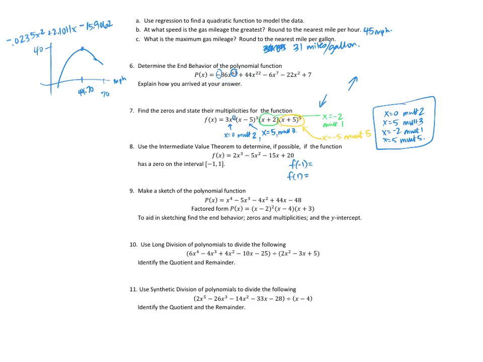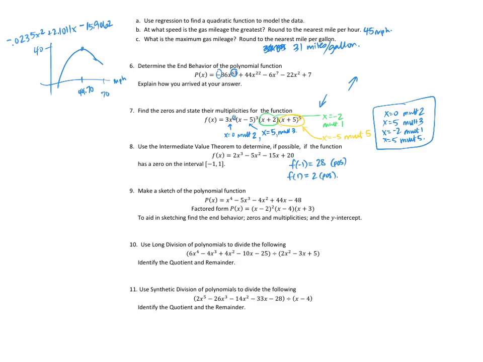If I plug in -1, I get 2 times -1 cubed minus 5 times -1 squared, and then plus 15, and then plus 20. So I get something positive, which is 28. And then if I do f of 1, I have 2 times 1, minus 5 times 1, and then minus 15 times 1, and then plus 20. So I get positive 2.